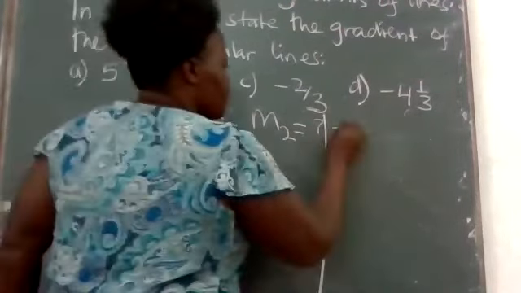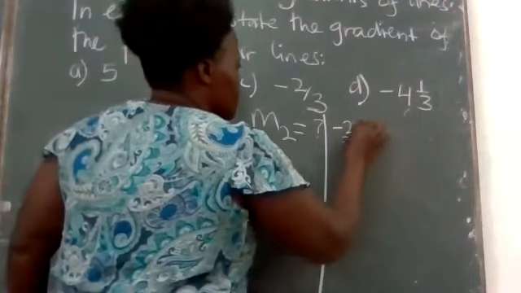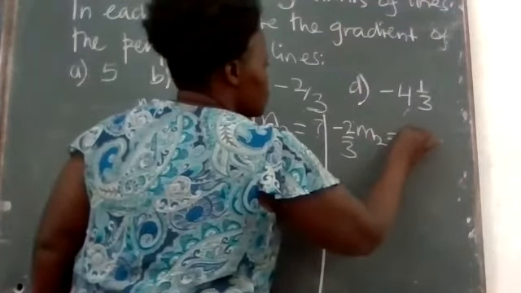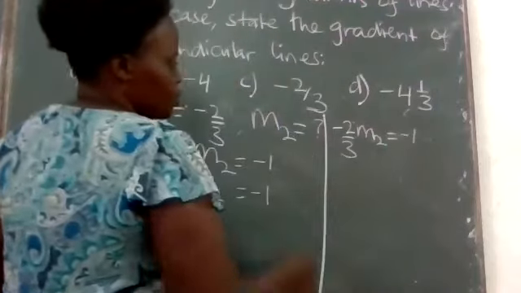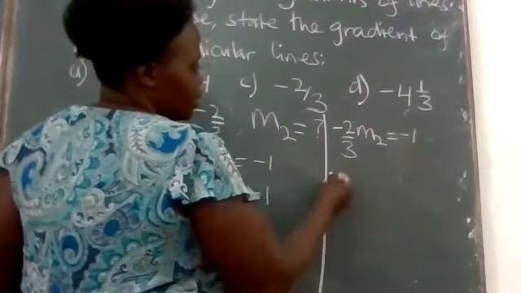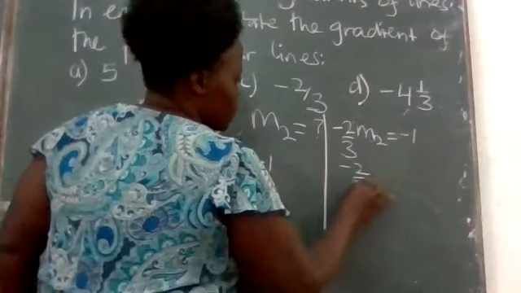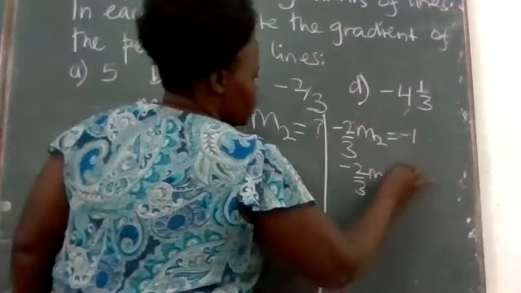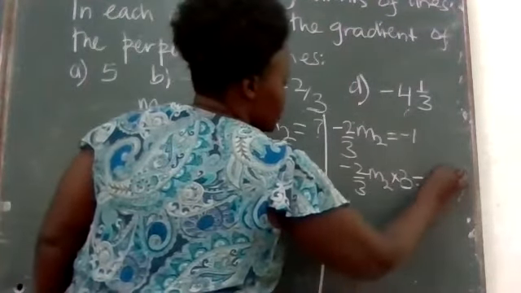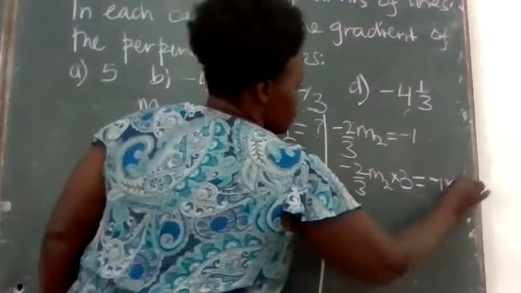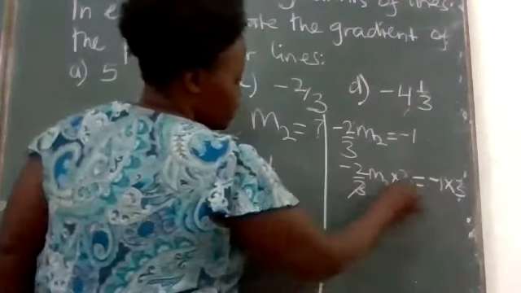We can cross multiply: -2 out of 3, M2 times 3 is equal to -1 times 3. So this 3 will cancel with that.